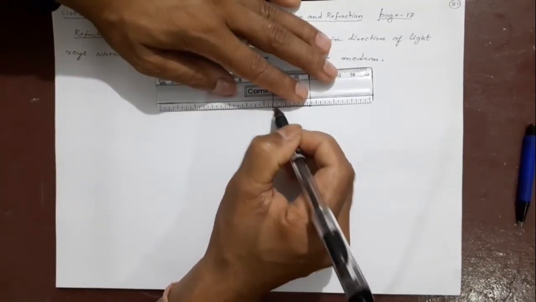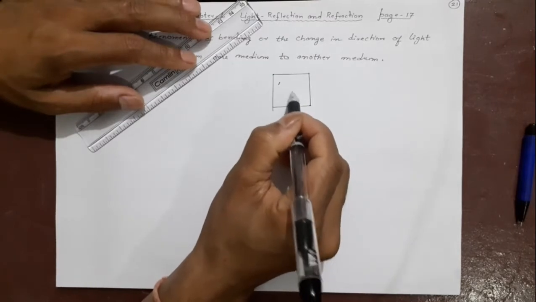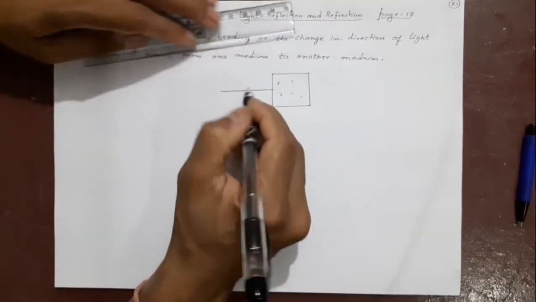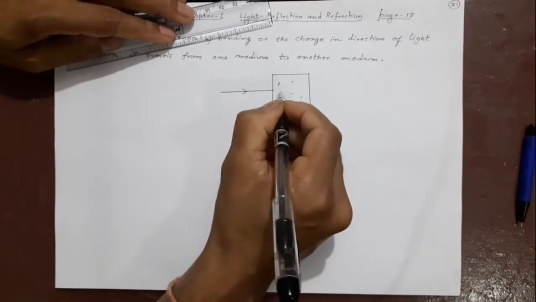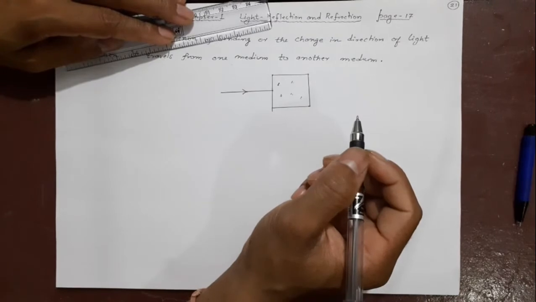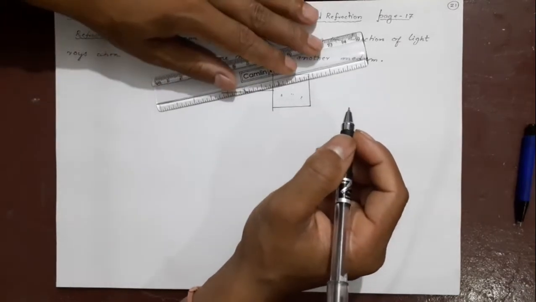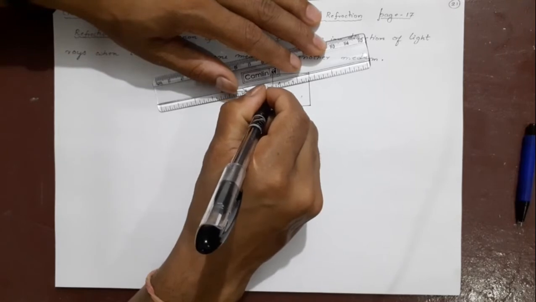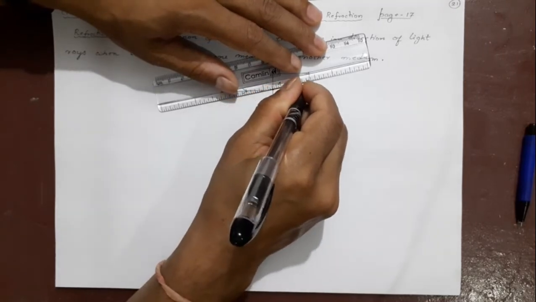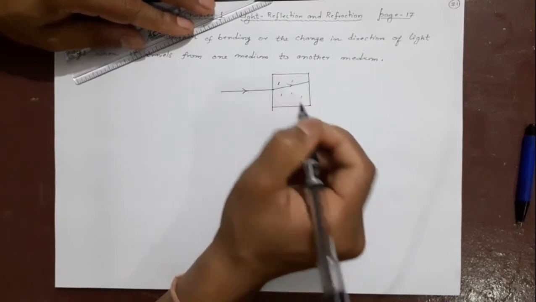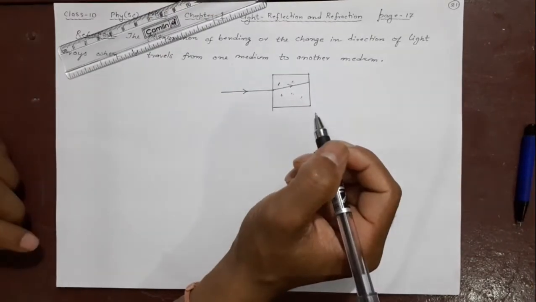Your light is entering here in this direction and it is passing directly through, straight. That is called no bending. But suppose light is bending slightly like this. Can you see this bending happen? So that is called refraction.